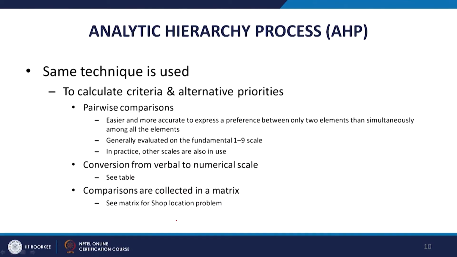And in terms of scale, typically we use a fundamental 1 to 9 scale. There are other scales also which are available, which have been used also. For example, a 1 to 5 scale can also be used, but sometimes analysts and researchers might feel that the level of detail that is to be captured might not be adequately captured by this smaller 1 to 5 scale. So, they will need a higher scale, 1 to 9.